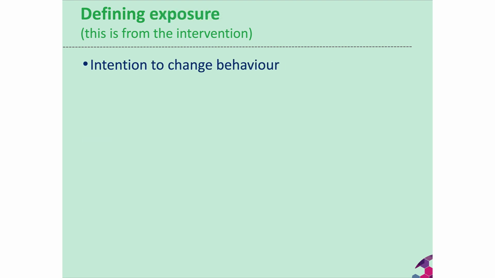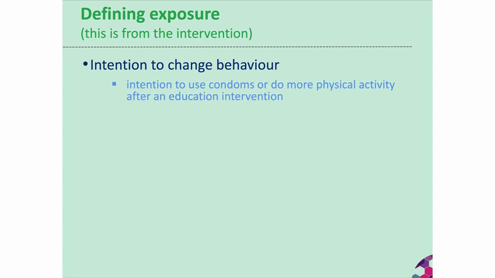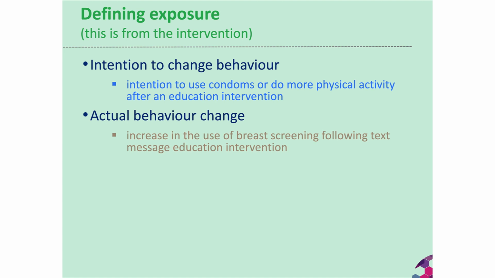And so there's 3 broad types of exposures we might look at. Intention to change behavior, which is, for example, intention to use condoms or intention to do more physical activity after some kind of educational intervention or program or project. Or it could be an actual behavior change, such as increasing the use of breast screening following text message education intervention.